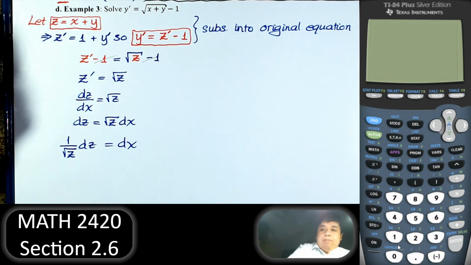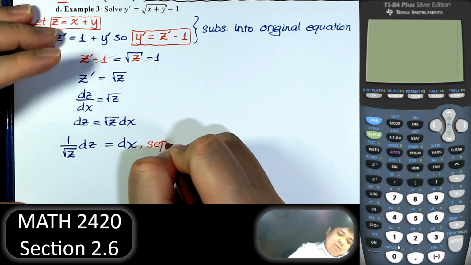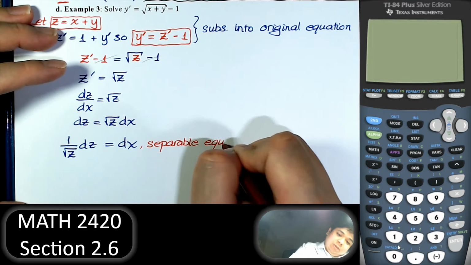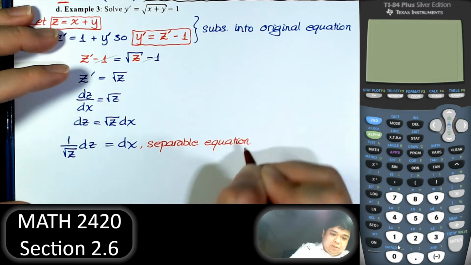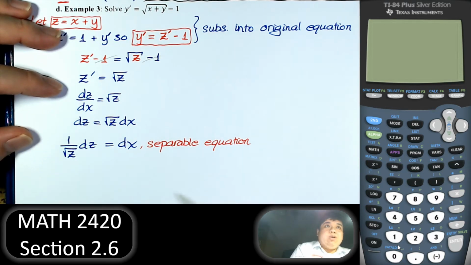Right, so we have that. And this is a separable equation. And we'll just integrate both sides.